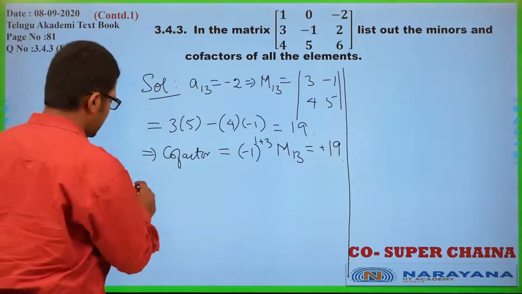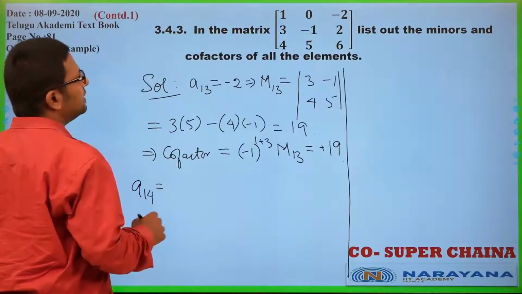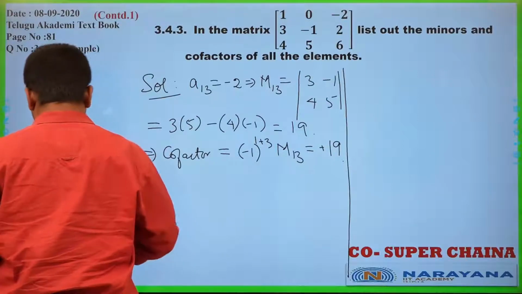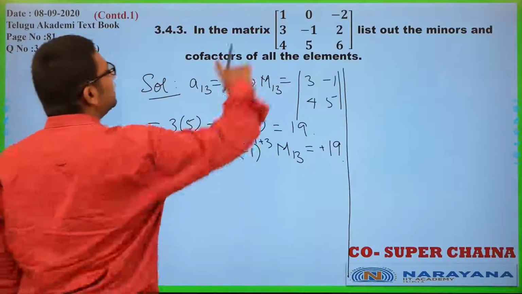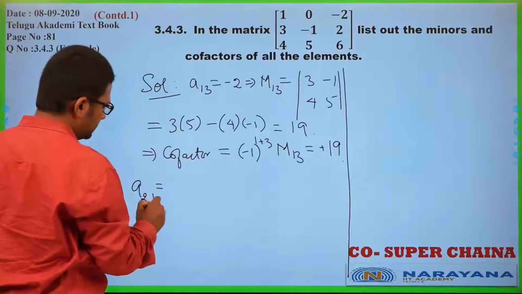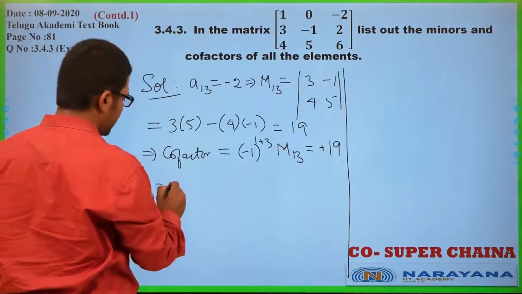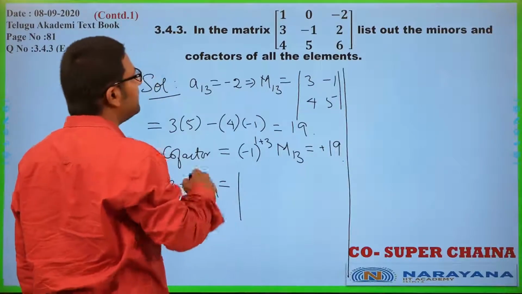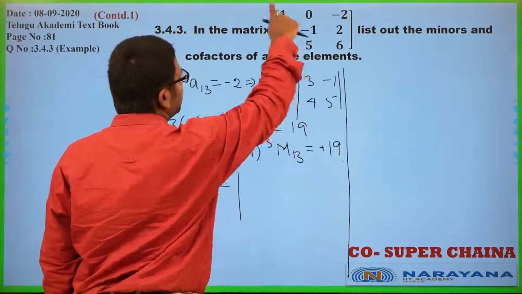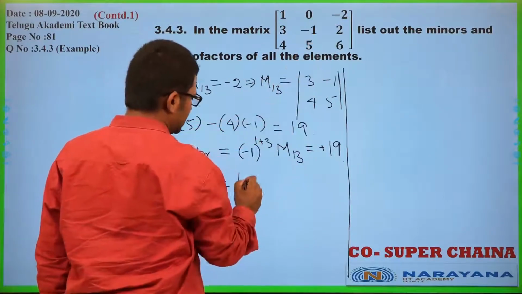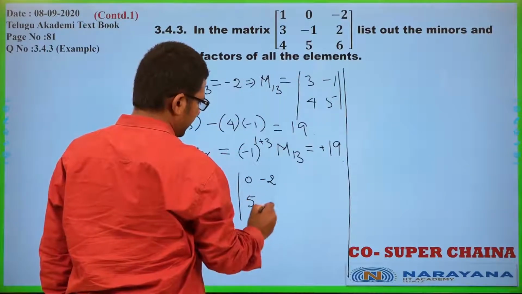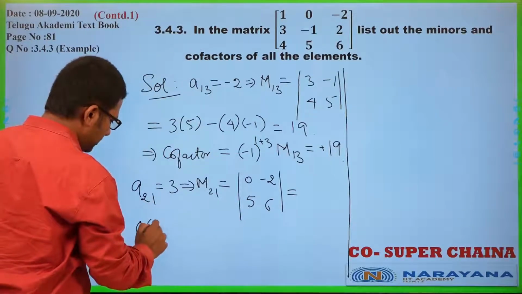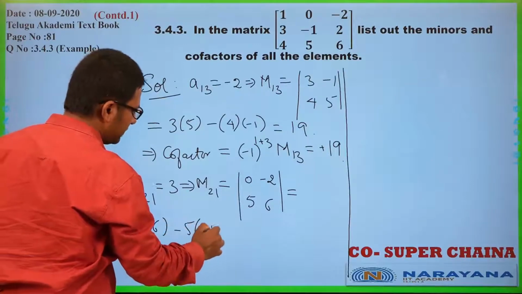Correct? Alright, we don't have an element that is A14 here, but we do have A21. So A21 is 3. Therefore, M21 would be this determinant. Leave second row, first column. So 0 minus 2, 5, 6, which is how much? 0 into 6 minus 5 into minus 2.